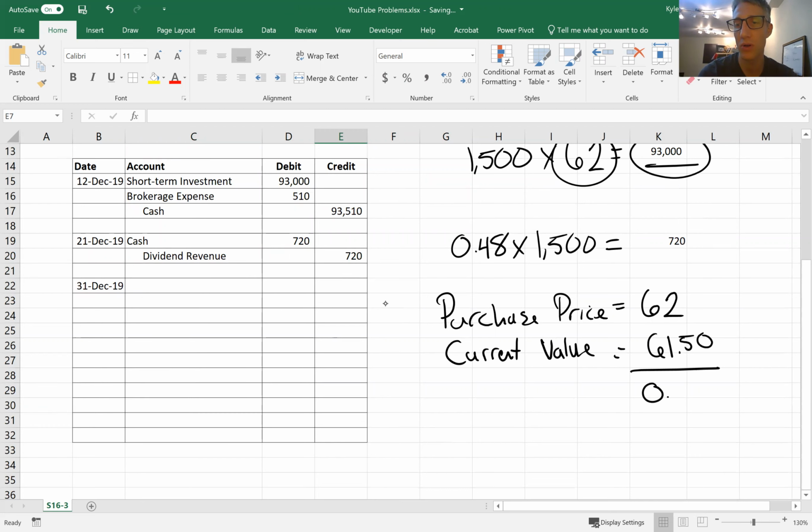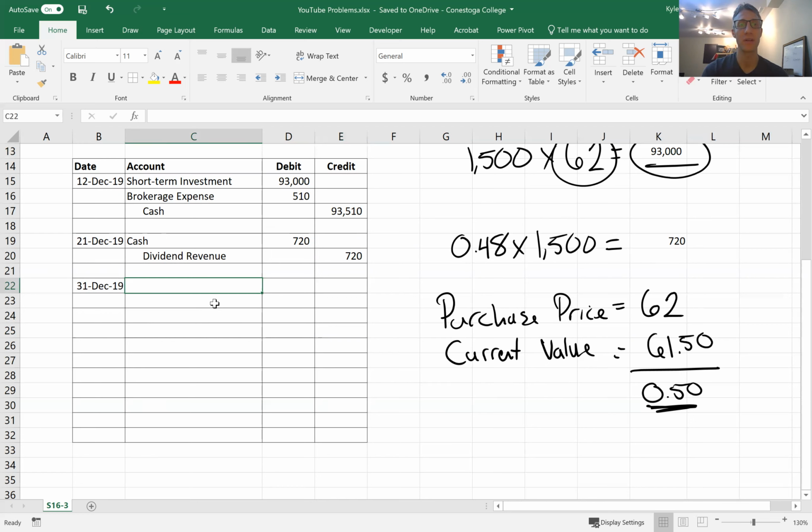So on a per share basis, they've lost 50 cents in value. They've depreciated. So what we need to do is recognize an unrealized loss, an unrealized investment loss.